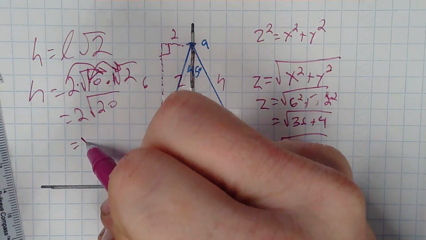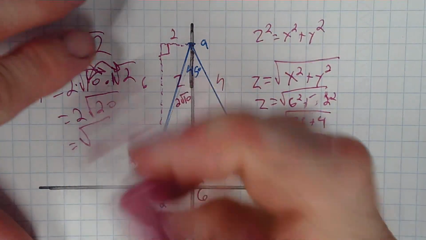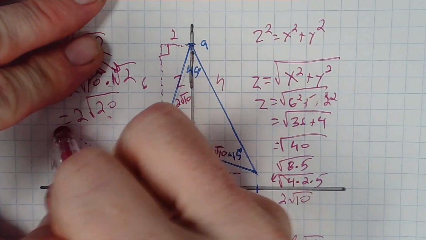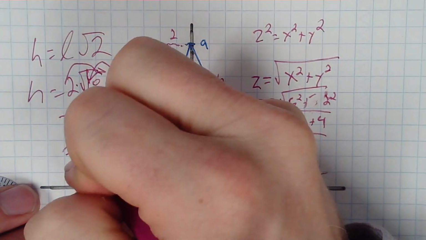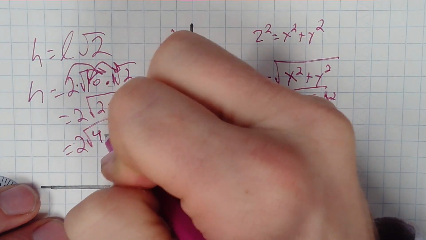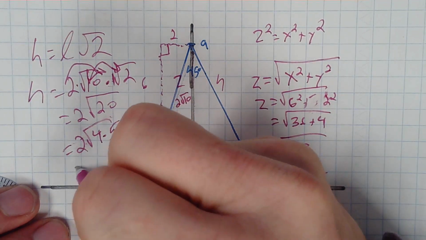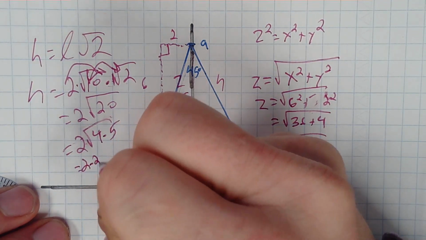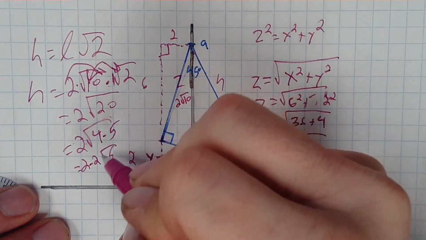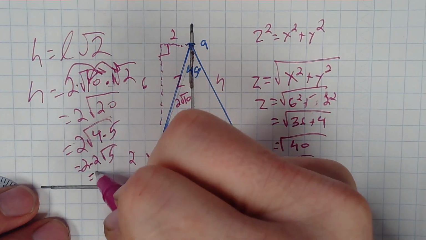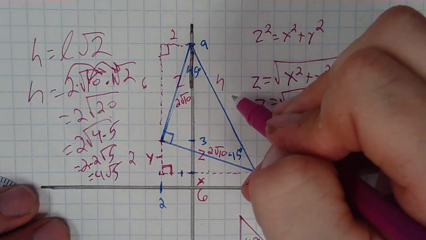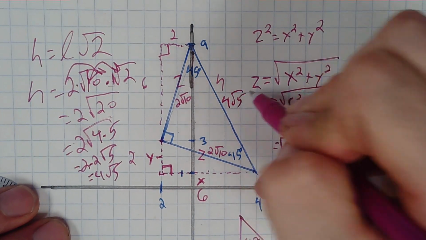Are there any perfect roots? Yeah, there is. That's 4 times 5, so that 2 will come out, and then that'll be 2 times 2 square root of 5, which equals 4 square root of 5.